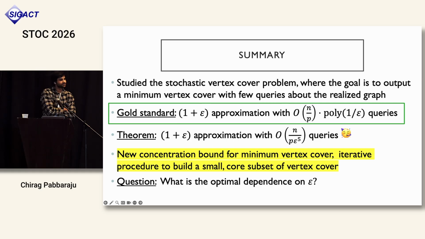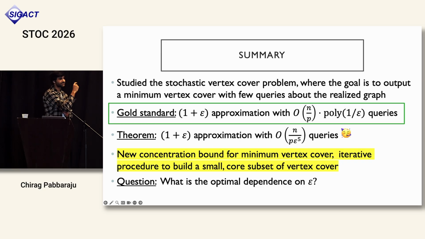I guess two questions. What is the concentration bound? Is it multiplicative or additive, like which follows from McDiarmid's inequality? So the probability of the random variable being beyond 1 plus or minus epsilon times the expectation is e to the minus epsilon squared times the opt of this problem.